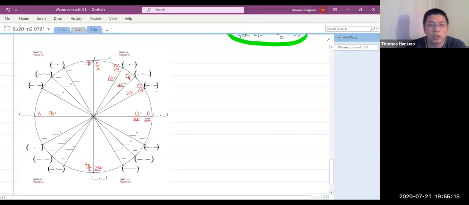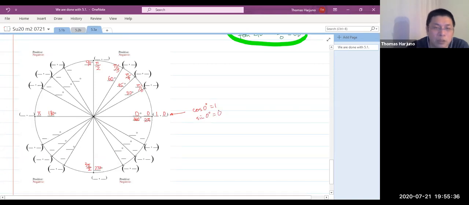Just now, we did the coordinates for 0, 90, 180, 270 degrees. The coordinate for 0 degrees is 1, 0. Therefore, cosine 0 degrees is 1, sine 0 degrees is 0.